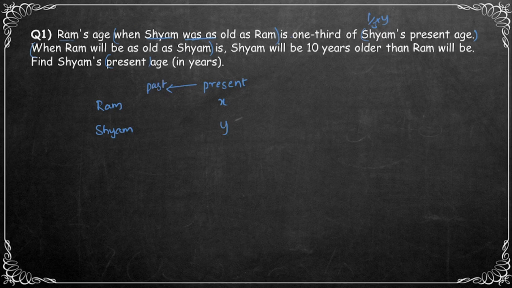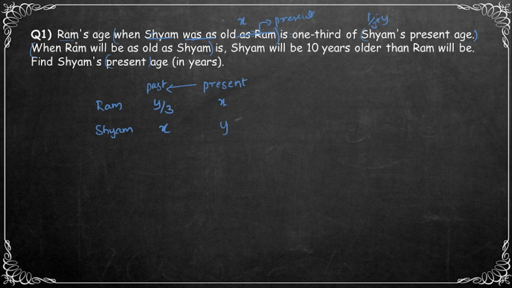So when Shyam was as old as Ram, that means present age of Ram is X. When Shyam was X years old, Ram's age is Y/3. The first sentence is done.